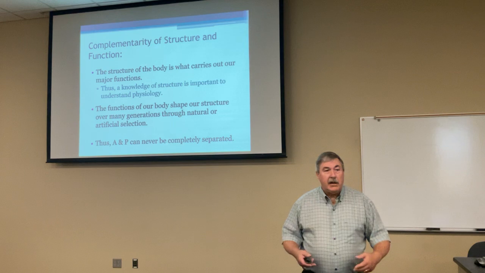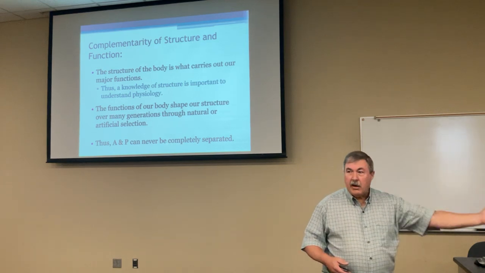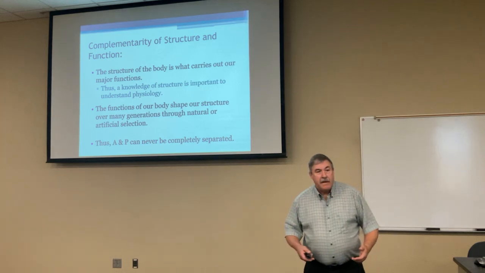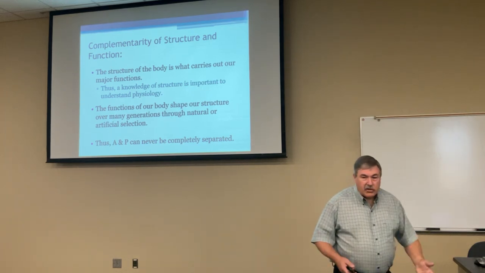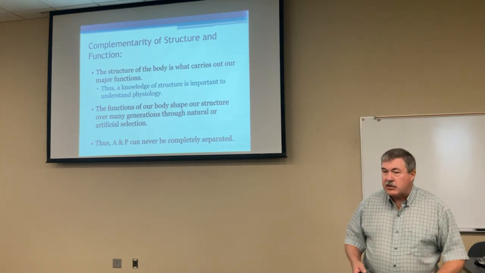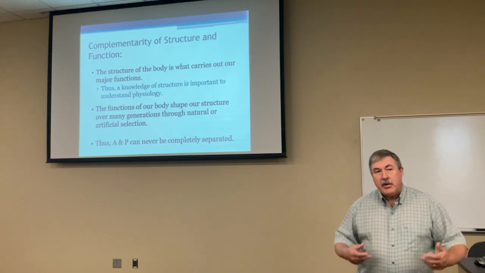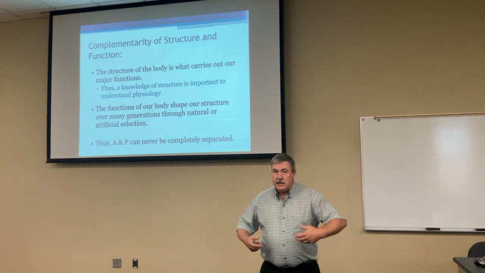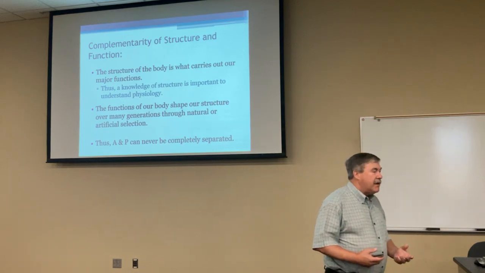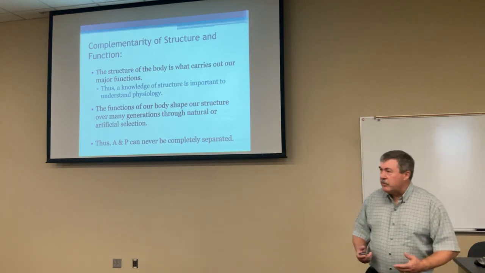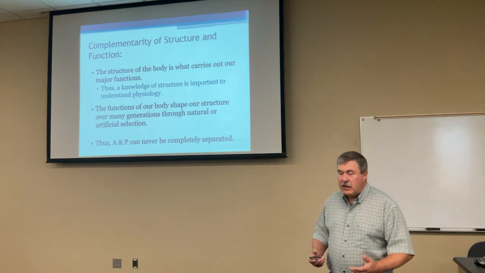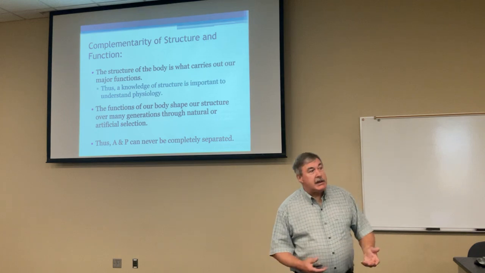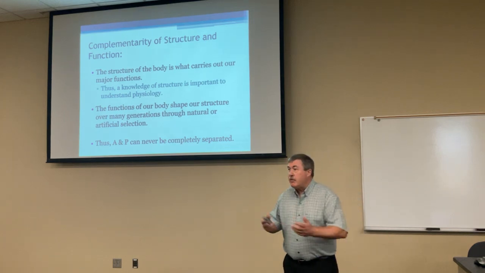Functions of our body also, over long time periods, shape our structure through natural selection or through artificial selection. So if a person inherits a trait that doesn't work quite as well, because there is a lot of variation from individual to individual in our traits, then that may make them less likely to survive to a reproductive age.